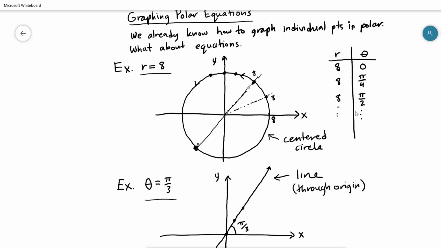Alternatively, I could say here is r equals 8 when theta is roughly ballpark pi over 4 here. If I added pi to that, I'd be at 5 pi over 4, which is right here. And again, I'd have a radius of 8 at 5 pi over 4, and I'd be on the graph. So that's what that last one means. This one is symmetric about the origin. You can rotate this thing 180 degrees, and it'll look exactly the same.